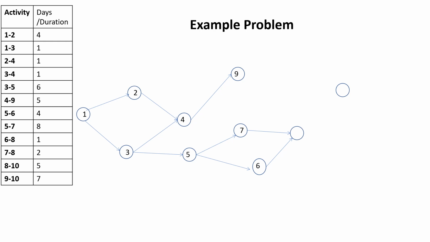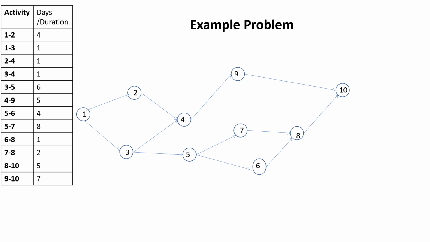Now these activities merge at the common node 8. Then we have 8 to 10 and 9 to 10. So we have drawn the project network here.